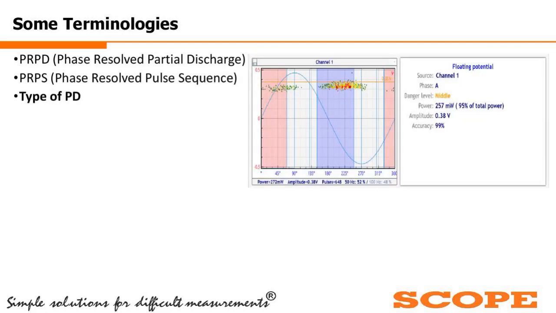Then the software should tell you which type of PD it is. As a user of the PD kit, if the kit is giving PD signals, okay fine, but how many people could be masters in PD? That is questionable.